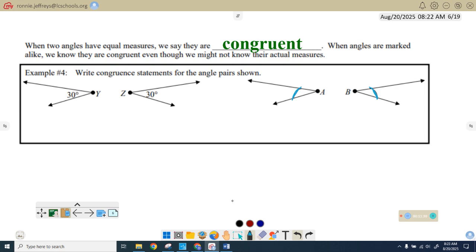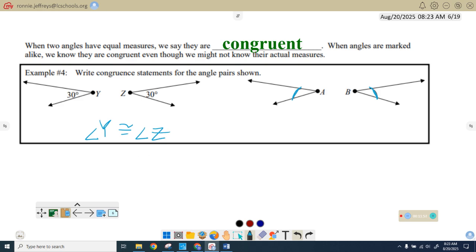Now, it says write a congruent statement. This is pretty simplistic, but we are going to keep going. So this would be angle Y is congruent to angle Z.